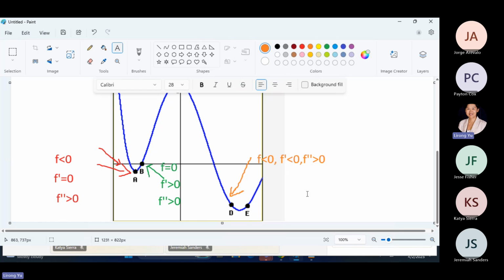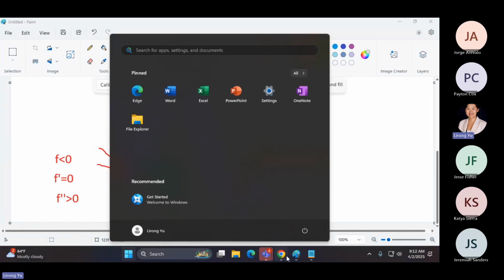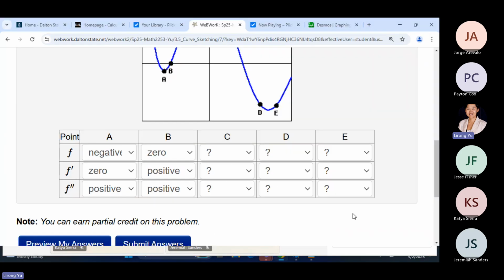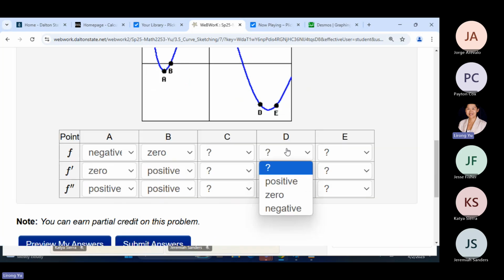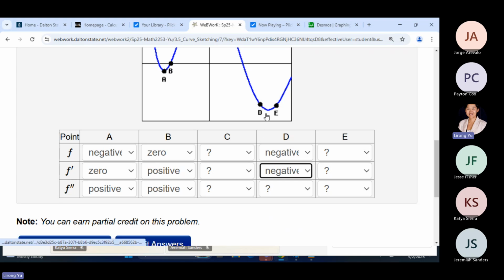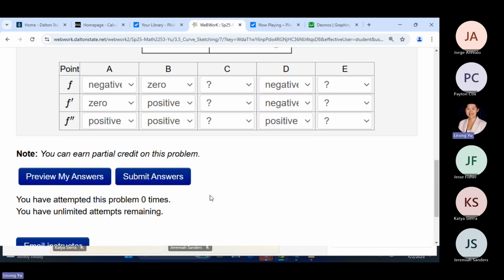So this question is pretty much asking, for each one of these points, that we understand all three: the original, the first derivative, and the second derivative. Go back onto that. For example, for D, the original function is negative, it's decreasing so the first derivative is negative, and it's concave up, so the second derivative is positive. Right, I only answered 6 of them.